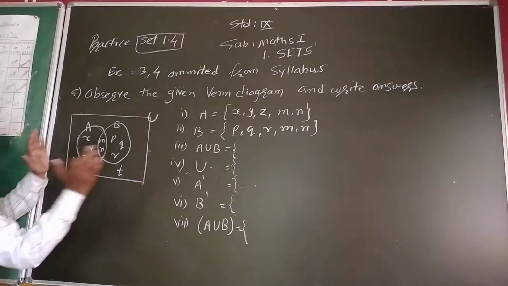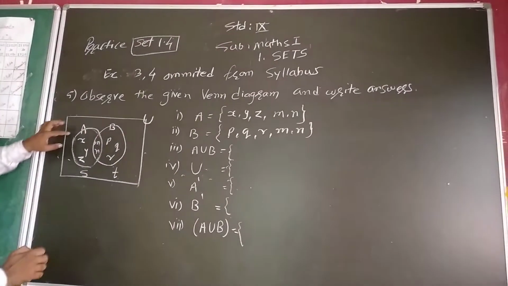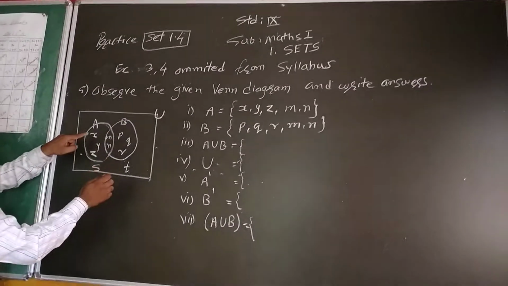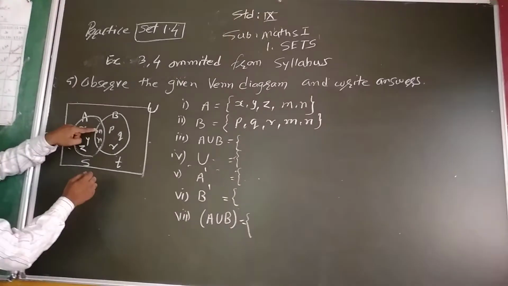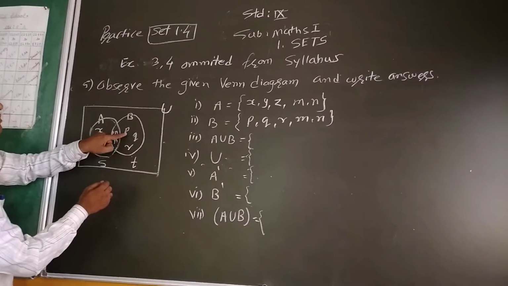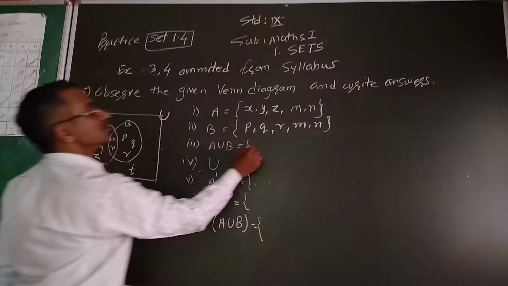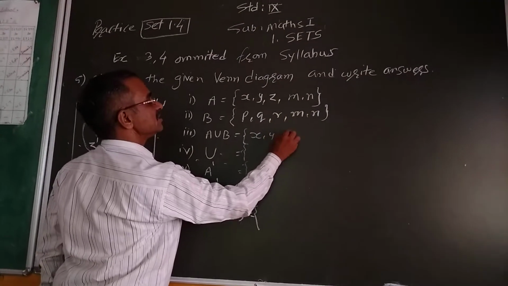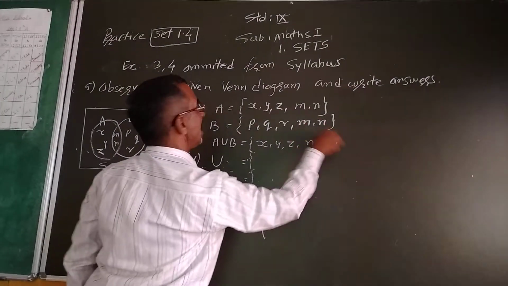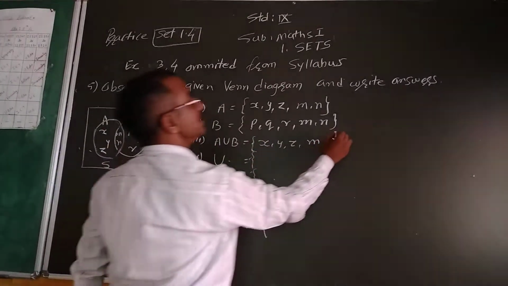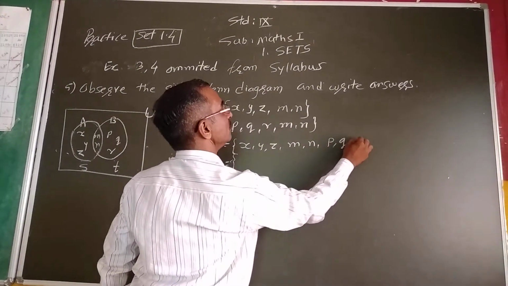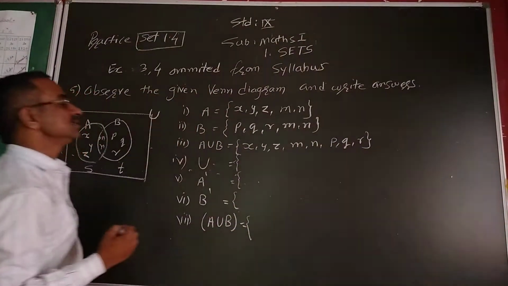दोनों का कॉम्बिनेशन. What is the combination of both? X, Y, Z, M and N and P, Q, R. Which are the elements? X, Y, Z, the common elements, and the remaining in B, which are P, Q and R. So this is the answer.